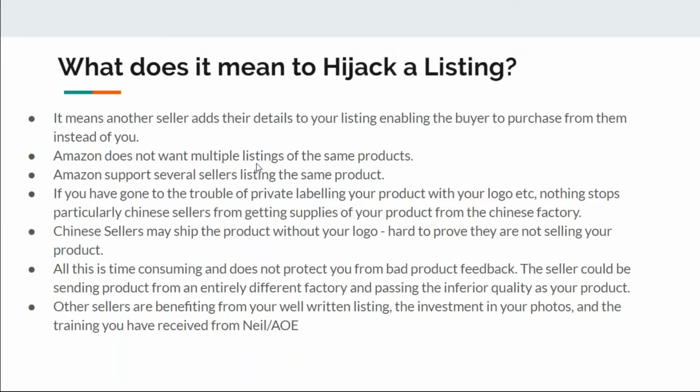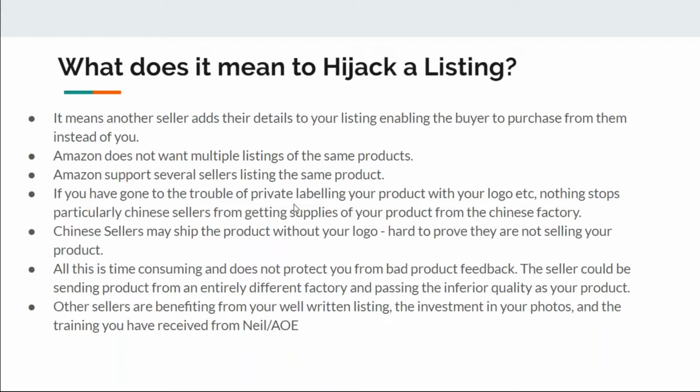So that's fine if you're wholesaling a product, but if you are private labeling your product in China, you've sourced your manufacturer, you put your logos on, and it might be, I'm going to do knife sharpeners as an example for tonight. I don't know who's selling these on Amazon Australia, but I just picked that as a subject.